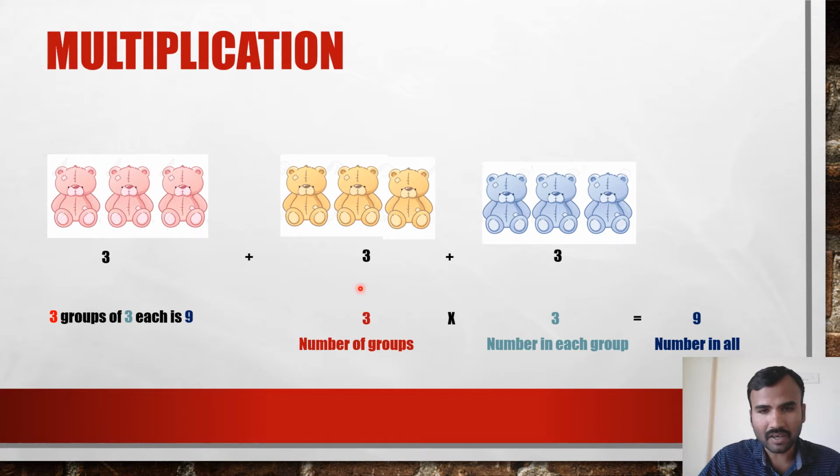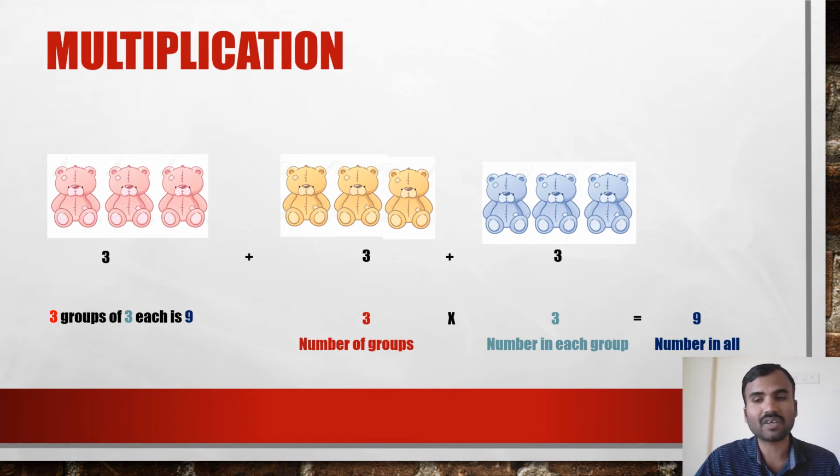We have totally three groups: 1, 2, 3. So I will write here three, the number of groups, into. In each group, how many teddies are there? 3. So if you multiply 3 into 3, you will get 9 in all. If you add all the teddies together, you get the same number, and if you multiply 3 into 3, you get the same number.